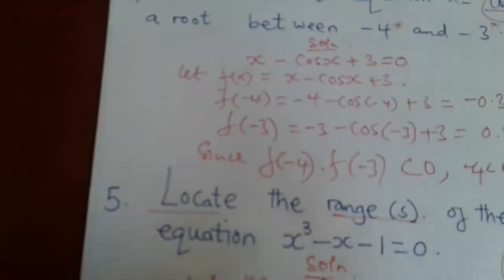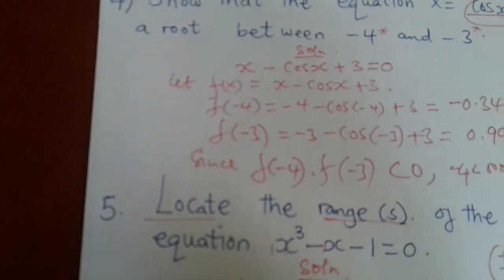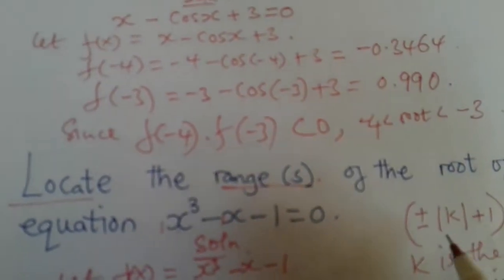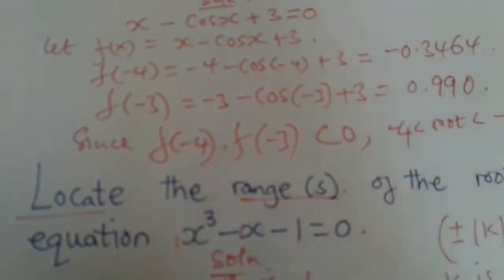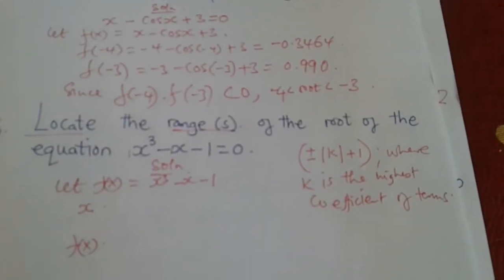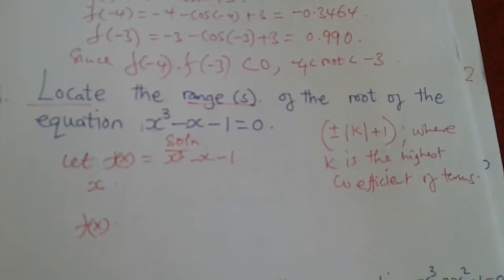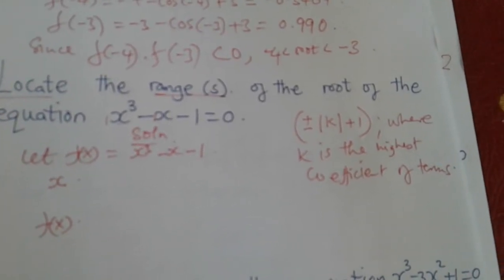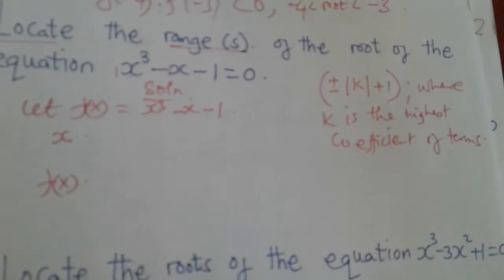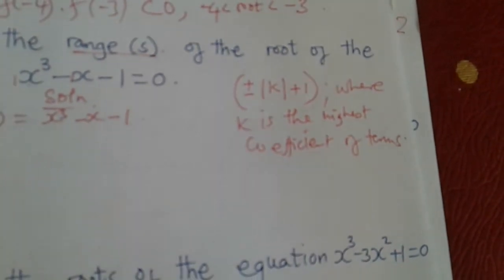For instance, in our equation, the coefficient of x cubed is 1, x is negative 1, and this is a constant term. So we shall have k in magnitude. If the coefficient is negative, then we shall take that one as a positive, and we shall be able to get the range. But we should know that the range sometimes is around 0. Values of the roots of equations are not so far from 0, so they all revolve around 0, but you can use this approach to get us the range.